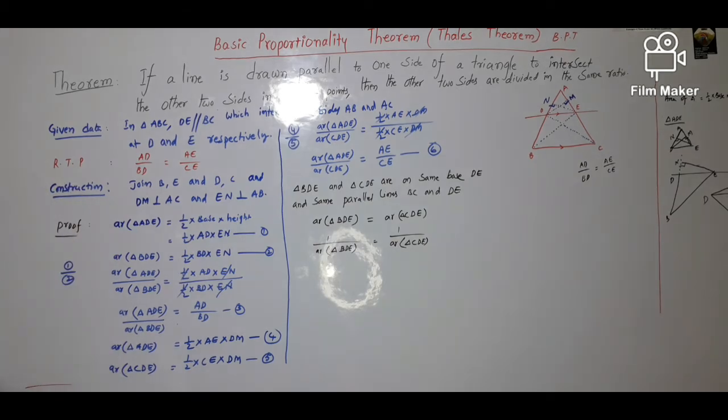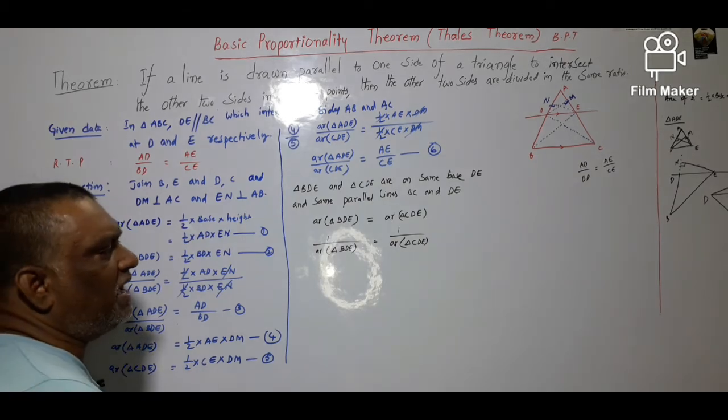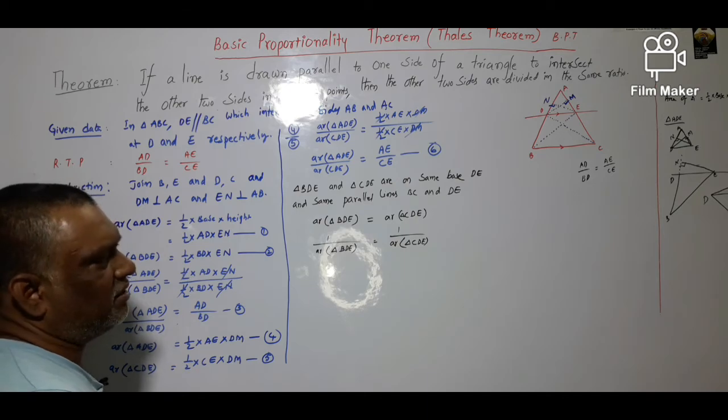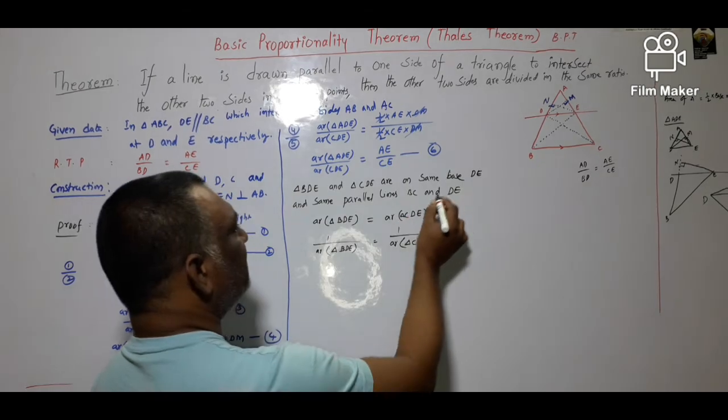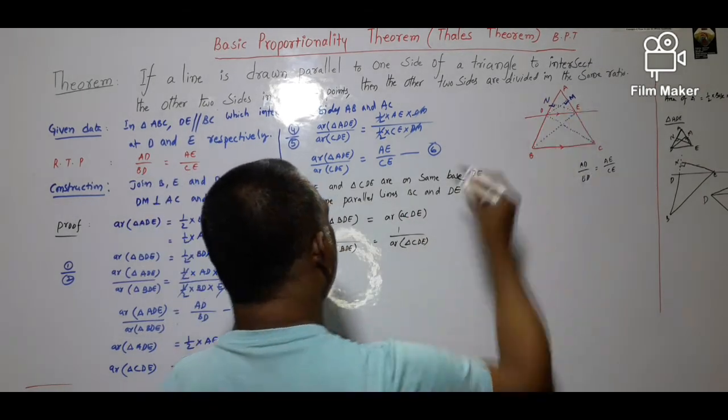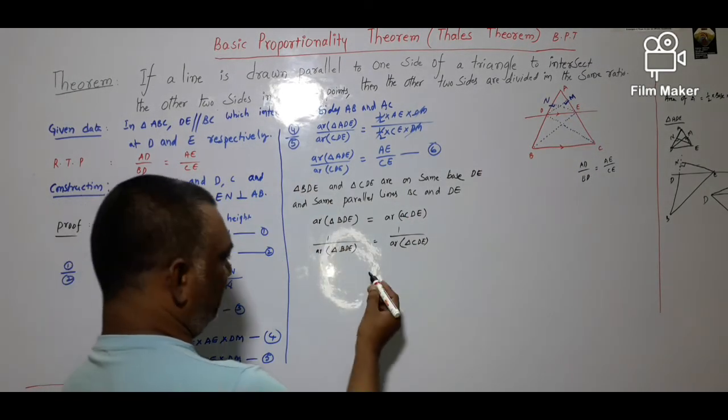Multiply on both sides by the area of triangle ADE.